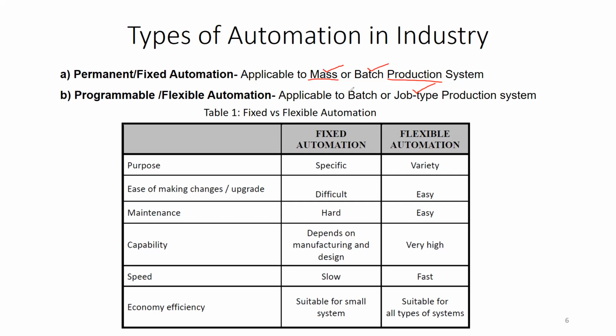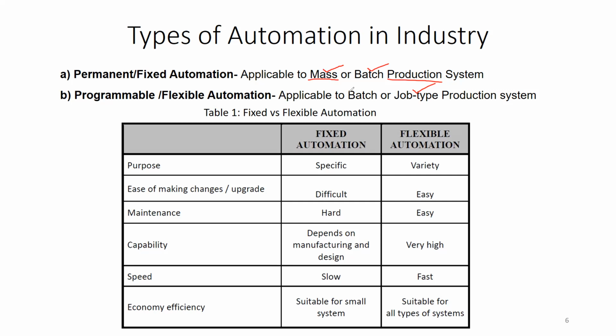Now I have told you that if you are planning for small batches which require change in product after a small or a larger time period, we need to change the system. The production system needs to be changed accordingly. That means the tools, the machines, the movement of the material, quality check of the material, everything will be changed according to the new product which is produced.